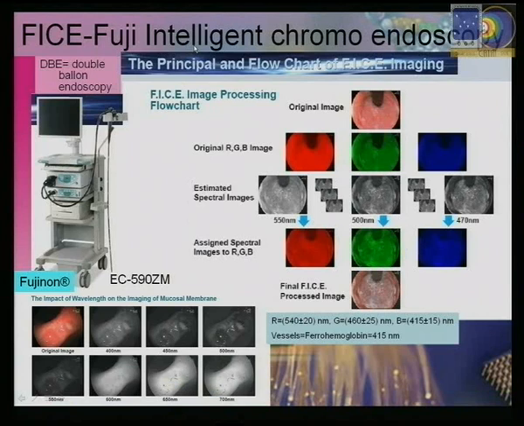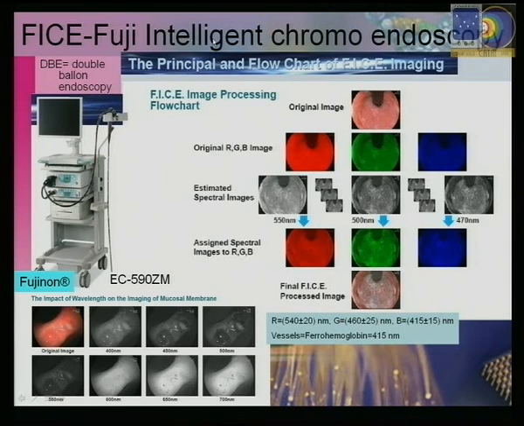This is the classical, what is called chromoendoscopy, in which you change different wavelengths from one side to another of the spectrum, but generally you combine different lengths on the red, green, and blue.